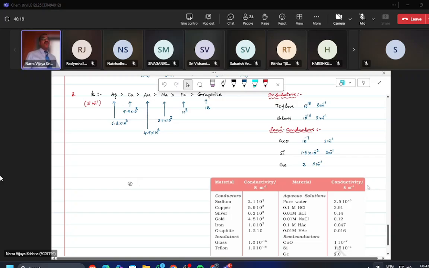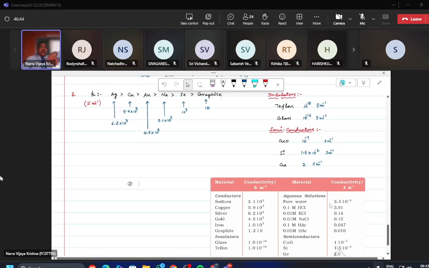Reason: pure water doesn't have any ions. At 25 degrees centigrade, from 1 liter, 10 power minus 7 moles per liter will be in ionized form, Arrhenius theory. That's why we write pH equal to 7 at 25 degrees centigrade, which is negligible. Therefore, the electrical conductance is very low.